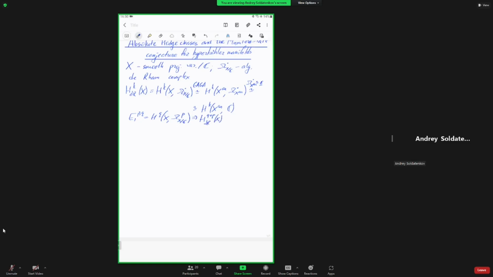So this vector space H^k, which is isomorphic to the singular cohomology, let me just briefly denote by H^k. And so what kind of structures do we have on this vector space? This is a C vector space.